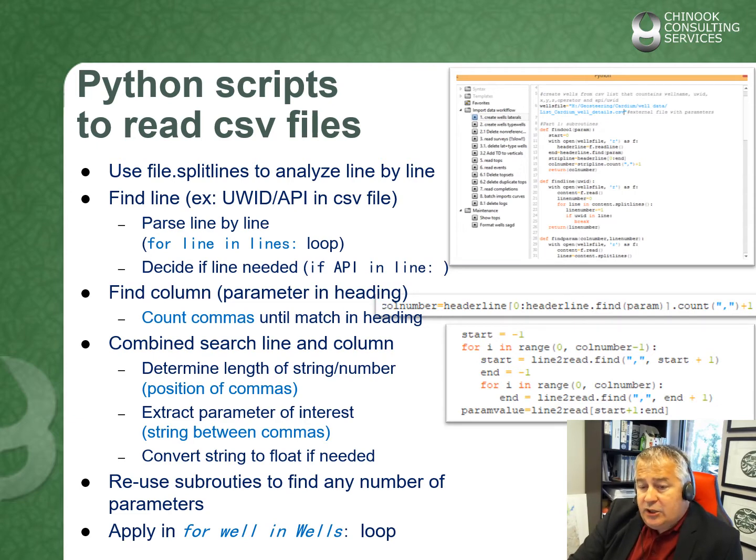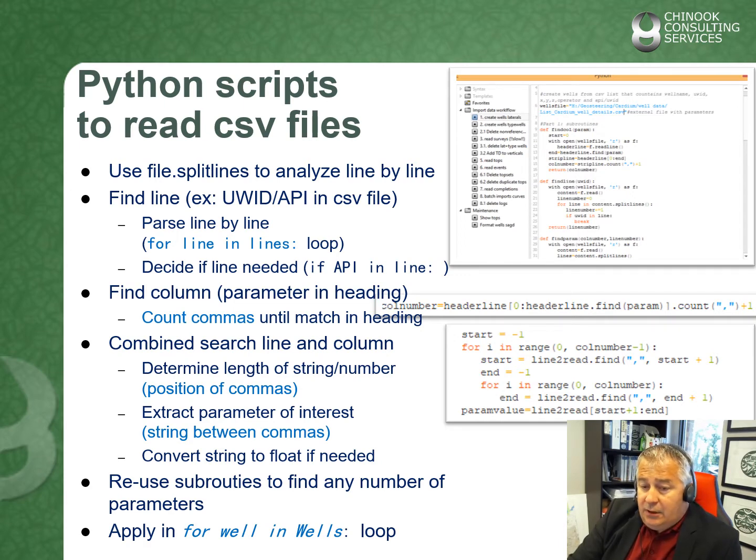In quick succession, we split the CSV in lines, look for unique well ID or API in the line and use that as a reference, then determine column position based on how many commas we encountered in a header line before finding a keyword, the name of the parameter we're looking for. We then combine the line number with the column number to pair a parameter with a well entry and convert that parameter into a value for a Starsteer object.